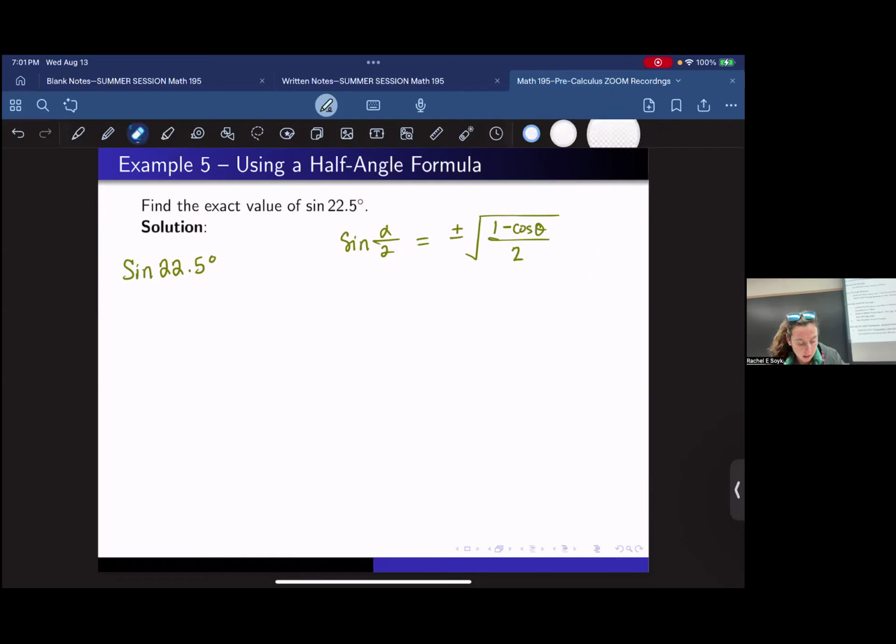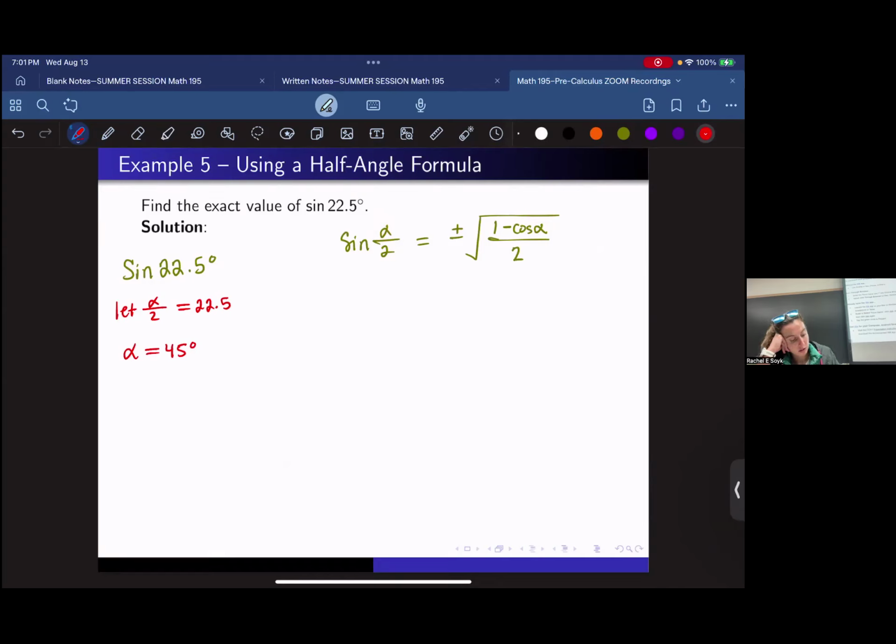Keep saying theta, it doesn't matter as long as these two variables are the same. Okay. So we're going to let our alpha over 2 be equal to 22.5 degrees, which tells us that our alpha is 45, an angle that we are quite familiar with.